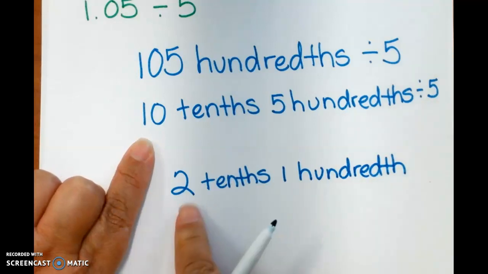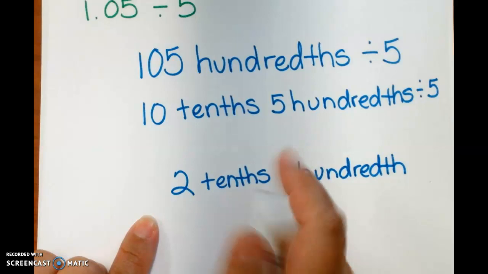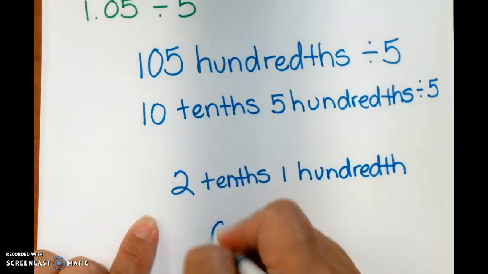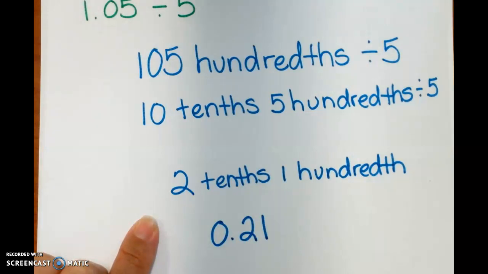So in unit form, I have 2/10 and 1/100. So together, this equals 21/100. So 1 and 5/100 divided by 5 equals 21/100. Okay.